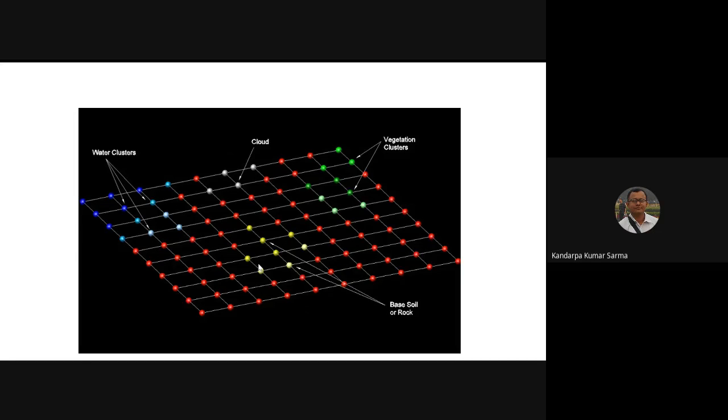If you do that for samples representing geographical physical quantities, in that clustering you can have representations for the water, the cloud, the base soil or the rock, the vegetation, and so on. So this will lead to the formation of clusters representing specific classes. How this clustering leads to classification, this slide shows clearly.